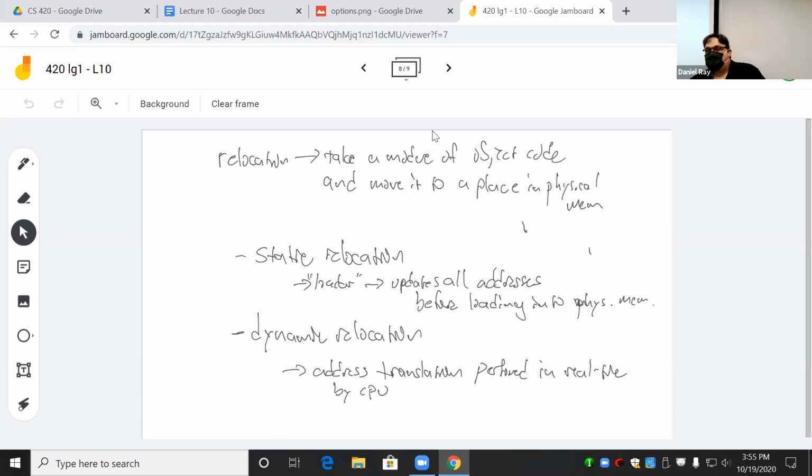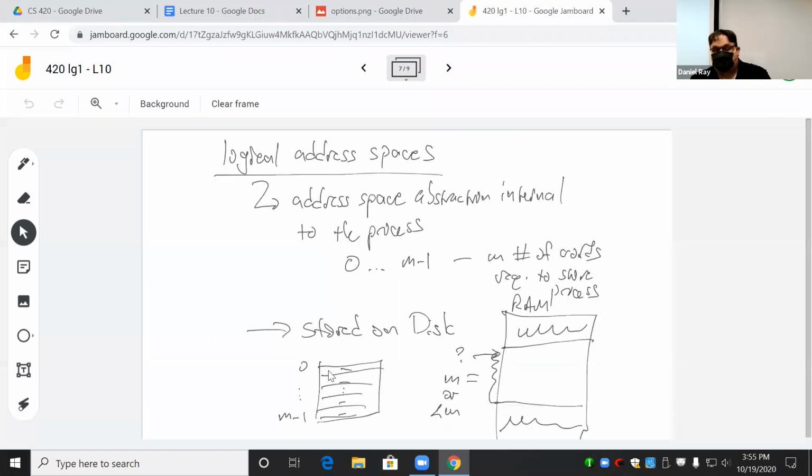So what we do in this case is take this chunk, leave the addresses alone, and plunk it right here.